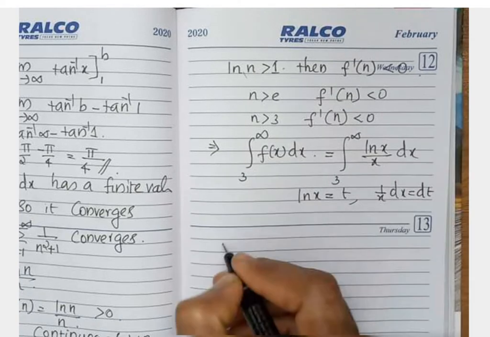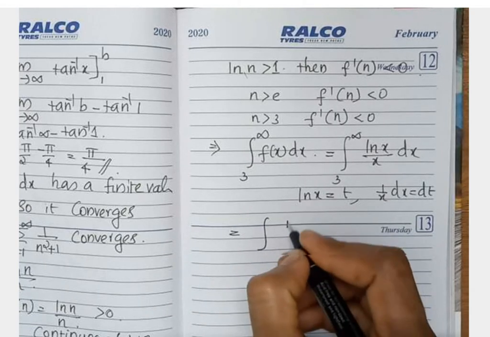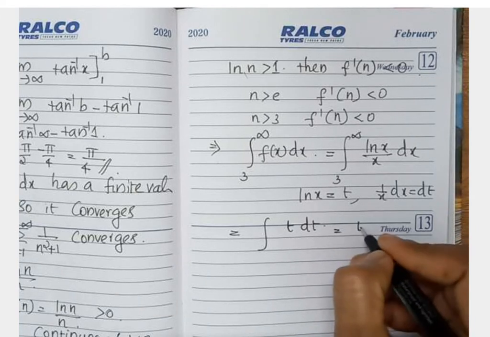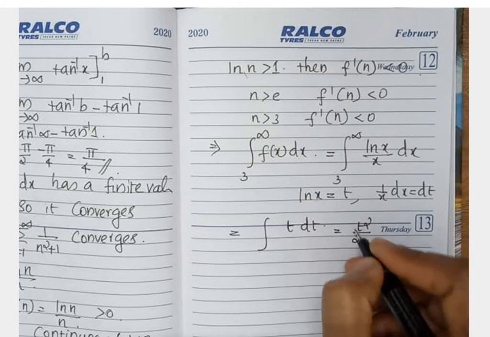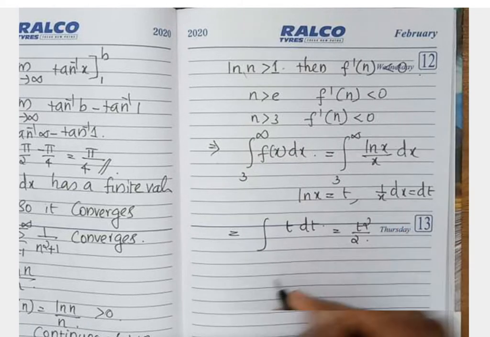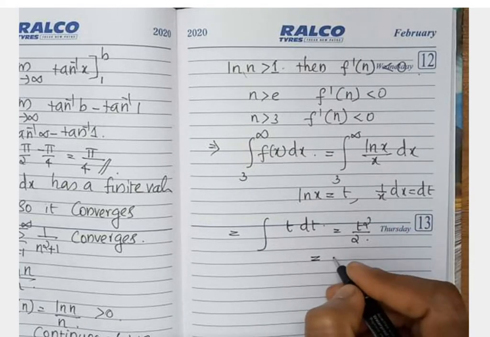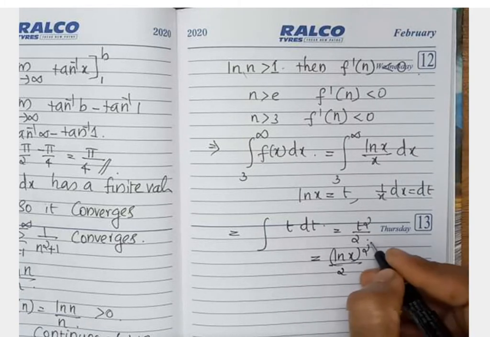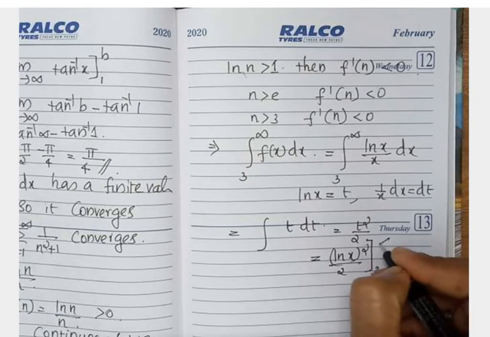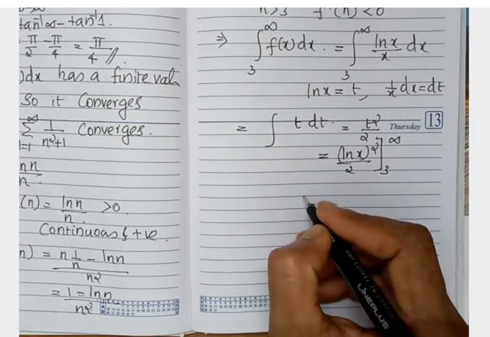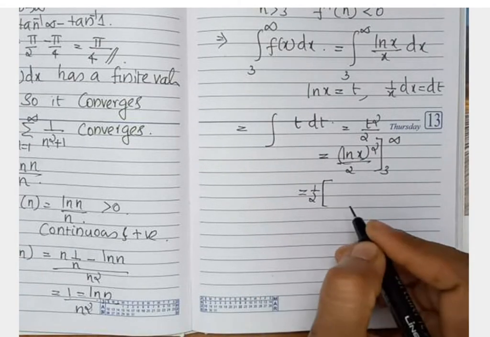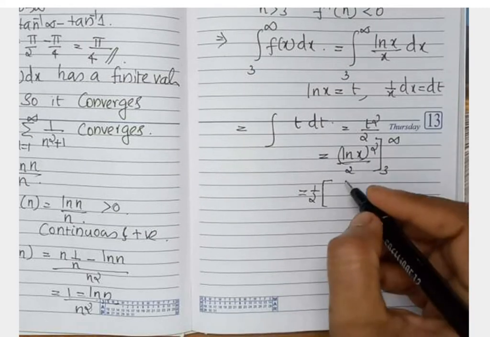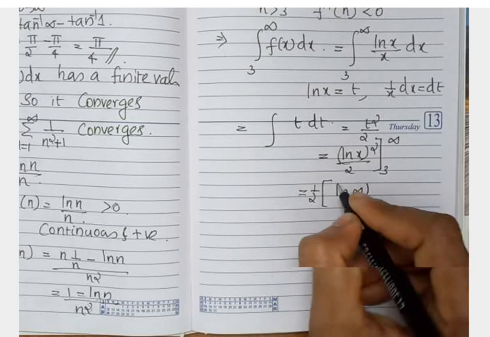So I can write this as the integral of t dt, which is t squared by 2, and I can convert this to (log x) squared by 2 from 3 to infinity.